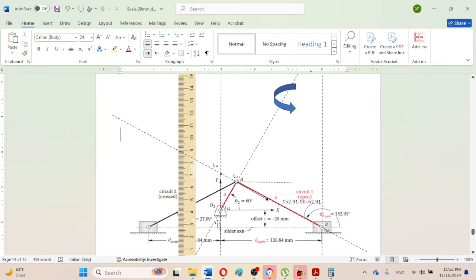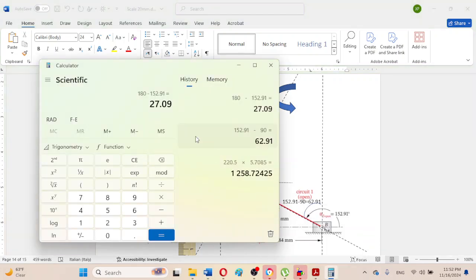This is 60 degrees because it is the alternate angle for this 60 degrees, so this is also 60 degrees up to this horizontal and this line. 60 plus 27.09, so I can just add it here, comes out to be 87.09.